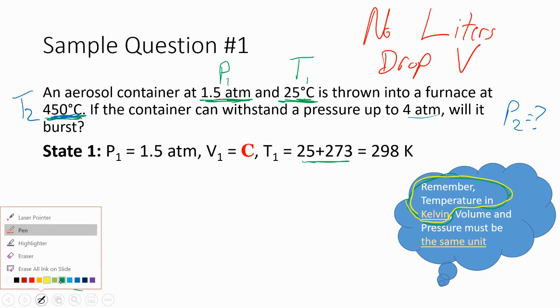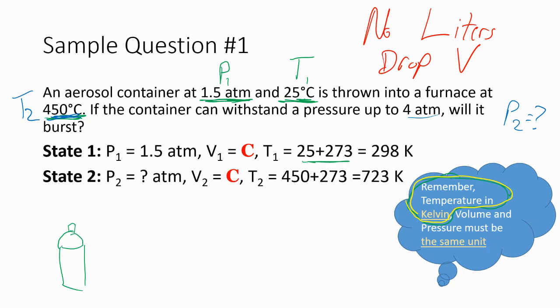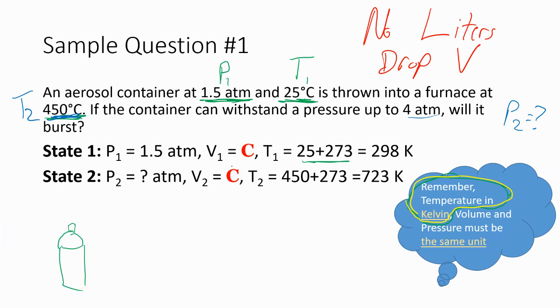You may recall that's what you do to turn things into Kelvin. Our volume is constant. Our pressure, too, is what we're looking for. Is it greater than or less than 4 atmospheres? Our volume is dropping out because it's constant, and for our temperature, we add 273 again.